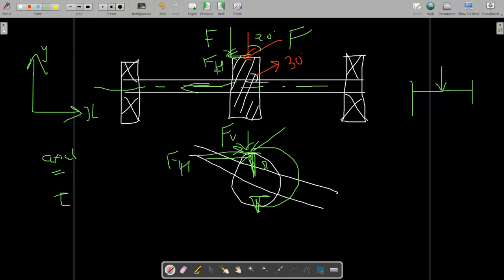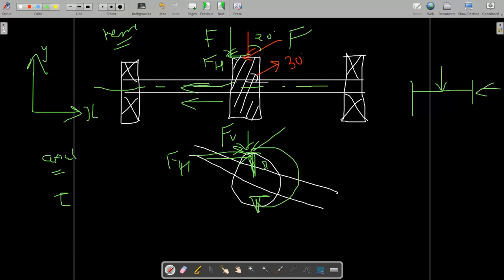And to compensate that, we generally provide another helical gear with opposite hand. It is known as herringbone, but here it is not given. So only due to this 30-degree angle, there is a component of this normal force acting on the tooth. It has some axial thrust force also, which is acting at the center.